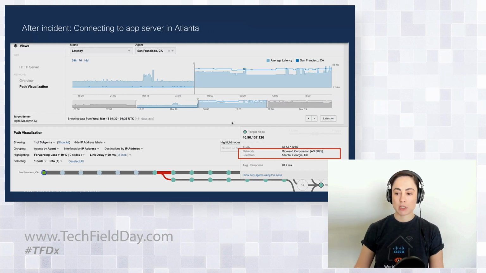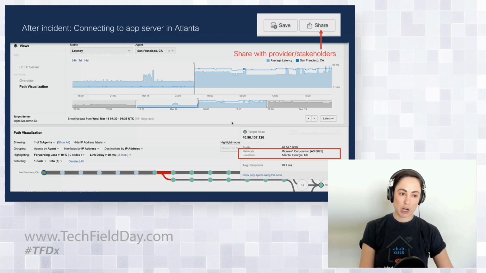And so being able to see how they're routing traffic and then have the ability to share this data with the service provider or the cloud provider is very helpful in addressing issues. So you don't necessarily need to have direct control over the network. You can share this information out and get it addressed by the provider.